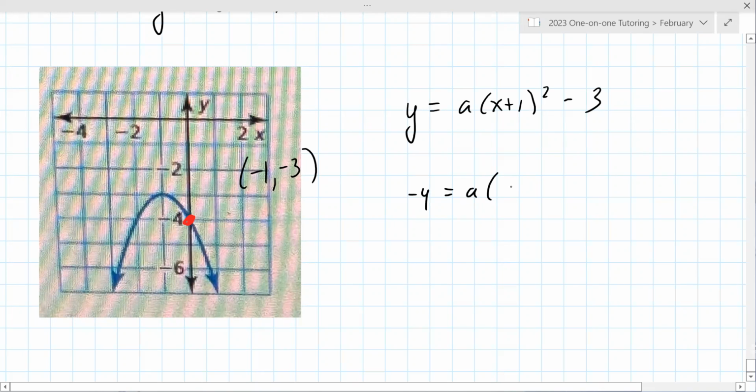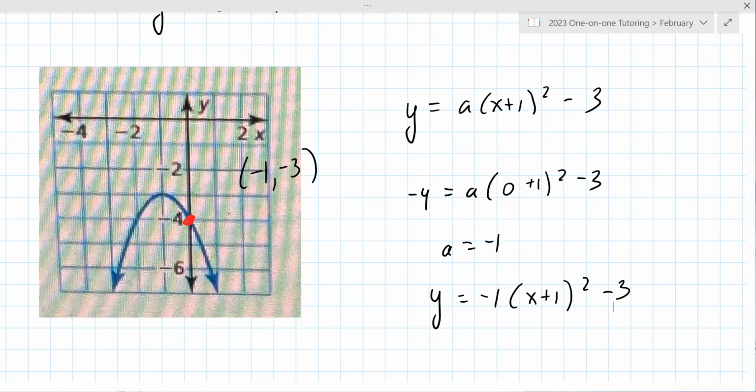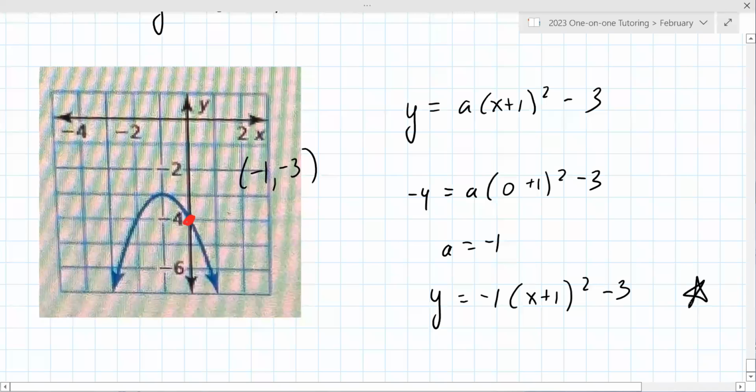And -1 equals a. So y equals -1 times (x plus 1) squared minus 3. So I got y equals negative (x plus 1) squared minus 3.